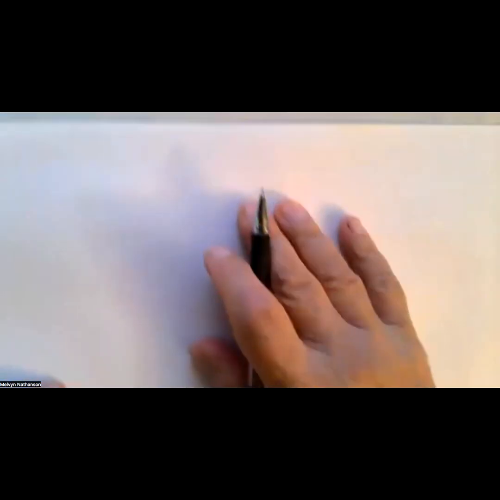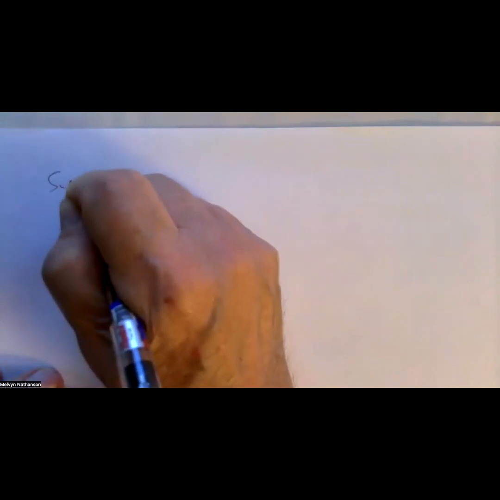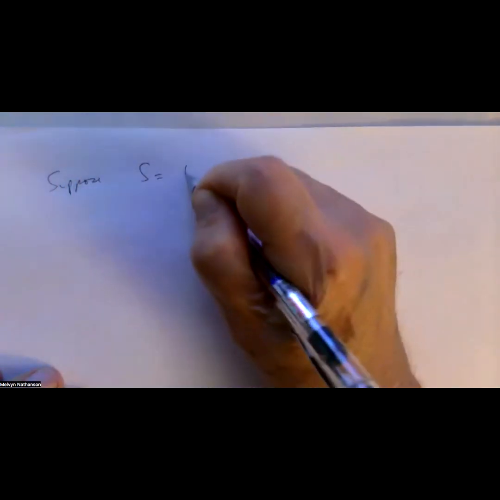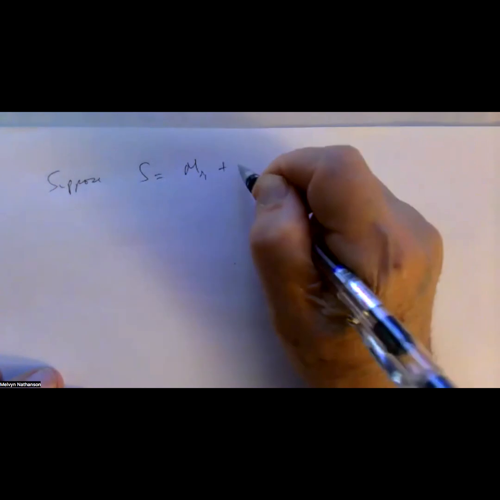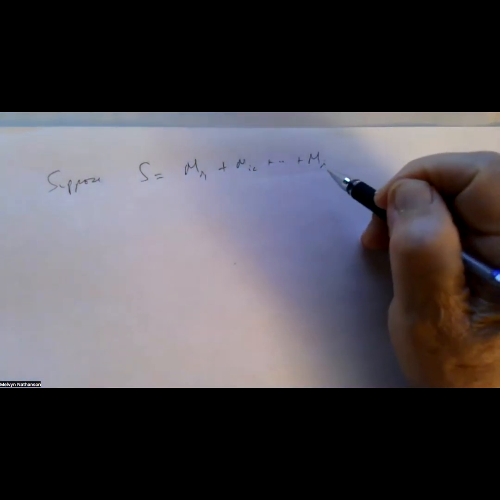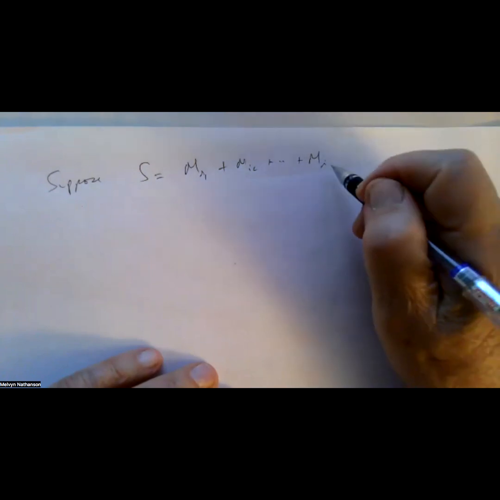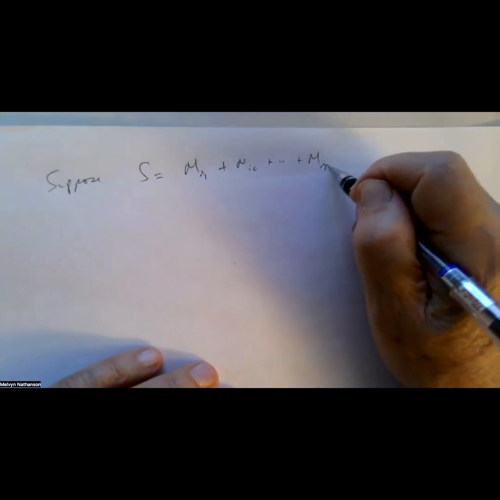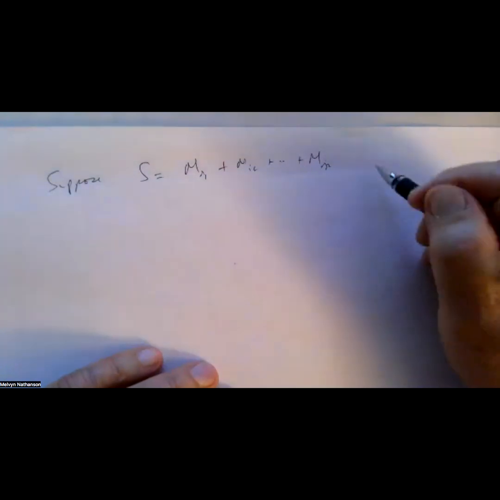Let me do it slightly differently. Suppose s is m_{i1} plus m_{i2} up to m_{ir}. So this is a subset sum, with i1 less than i2 less than i_r, between 1 and n.